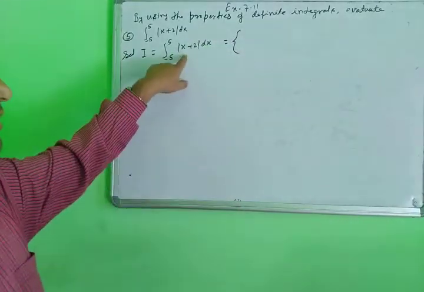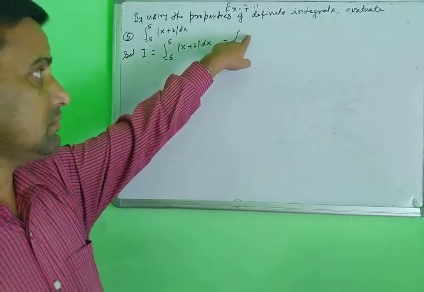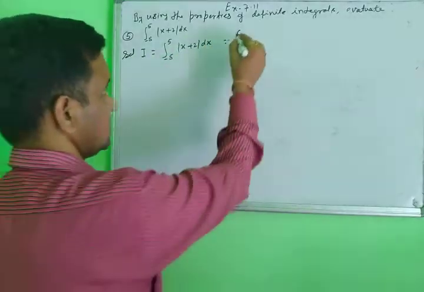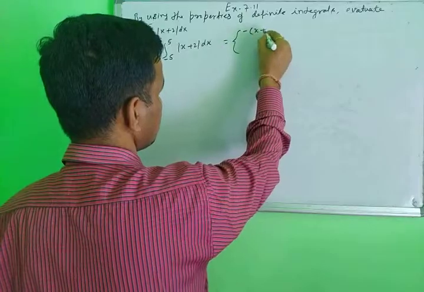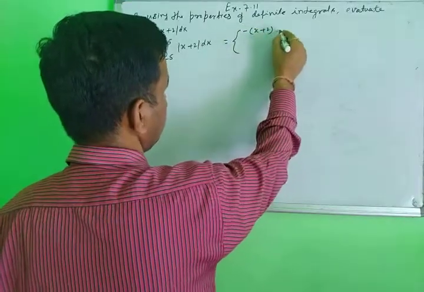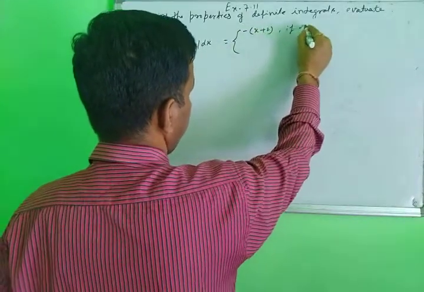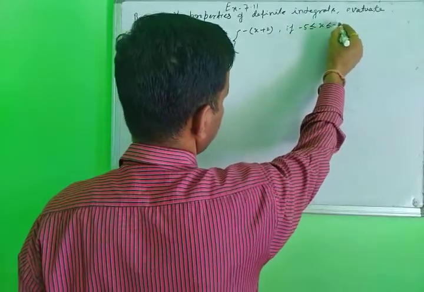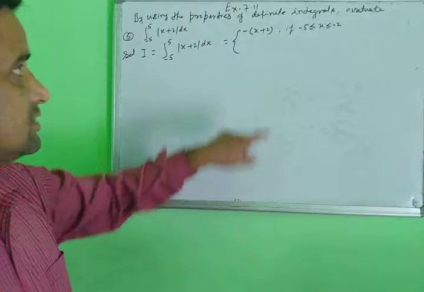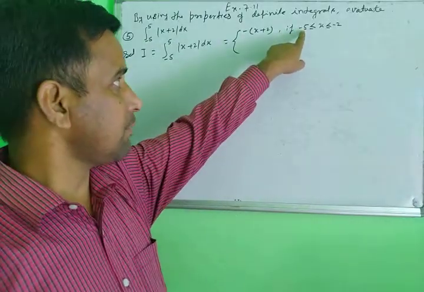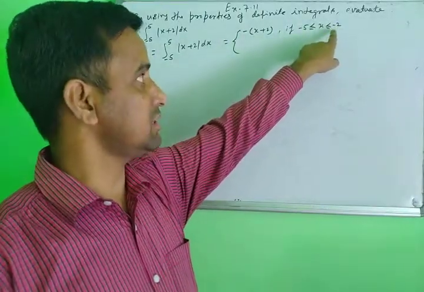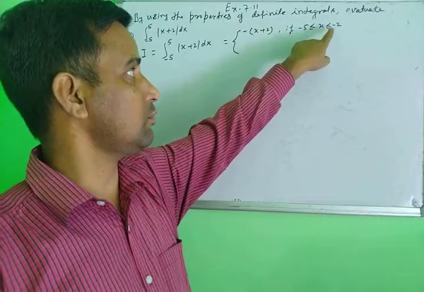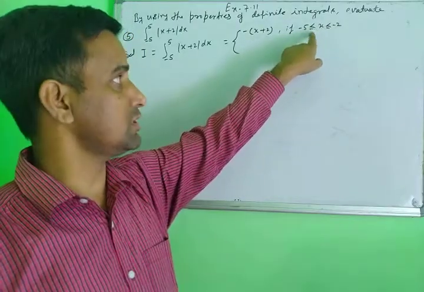This is the modulus function, and you break it down using its sign. When is x plus 2 negative? If x is less than or equal to -2, say using the limit -5 to -2, this is the closed interval.